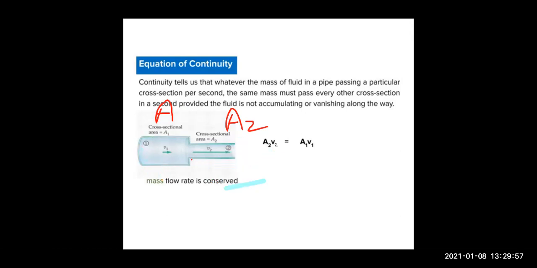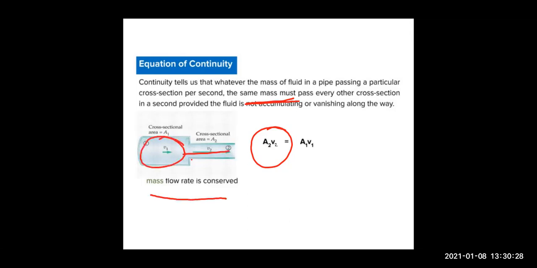It tells us that the product of the cross-sectional area and the velocity of the liquid, that is the mass passing through any cross-sectional area in 1 second, is always the same. So the mass flow rate: whatever mass of water comes out here will go here, okay, but here the area is reduced, so the velocity will increase.